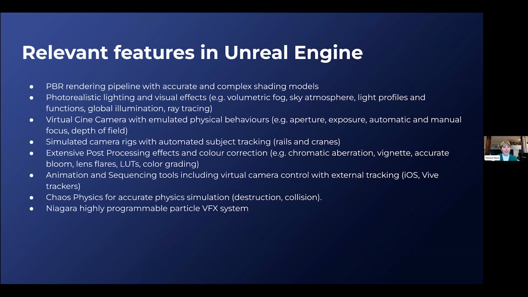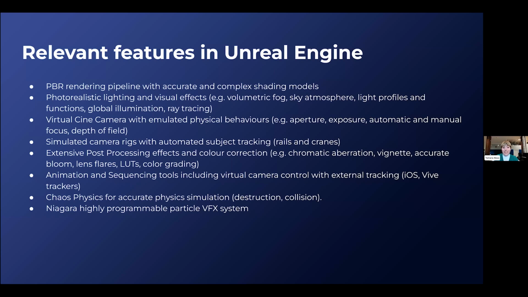Virtual cine camera actors with emulated physical behaviors. That's aperture, exposure, automatic and manual focus, depth of field. Simulated camera rigs with automated subject tracking, such as rails and cranes. Extensive post-processing effects and color correction, such as chromatic aberration, vignettes, accurate bloom, lens flares, LUTs, and color grading.